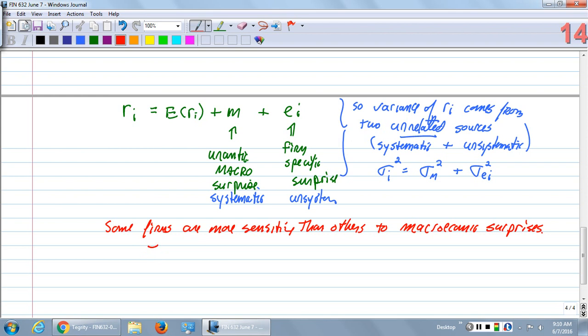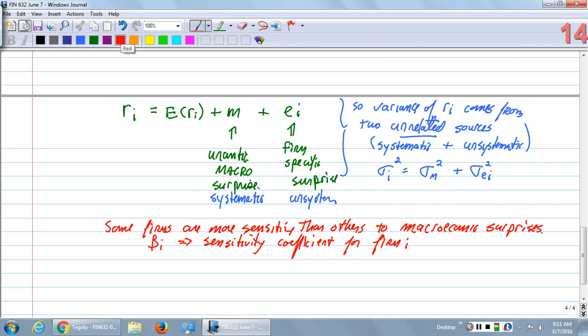We're going to add some kind of coefficient to our model, and it's going to be beta, which is a sensitivity coefficient for firm I. So beta sub I, beta subscript I, is a sensitivity coefficient for firm I, for company I. It tells us how sensitive company I's returns are to market movements.